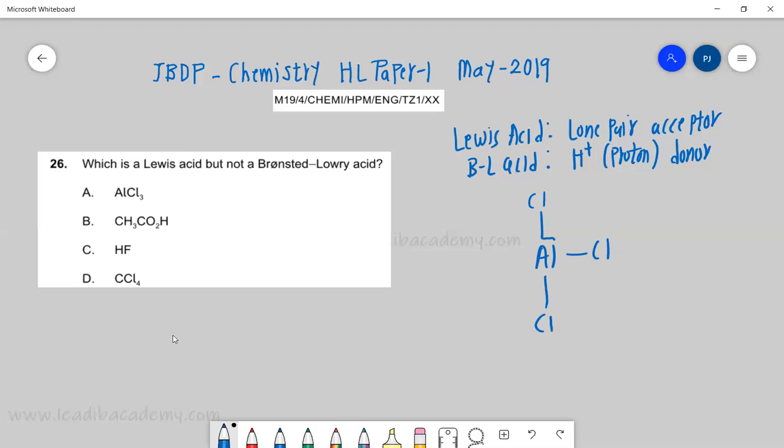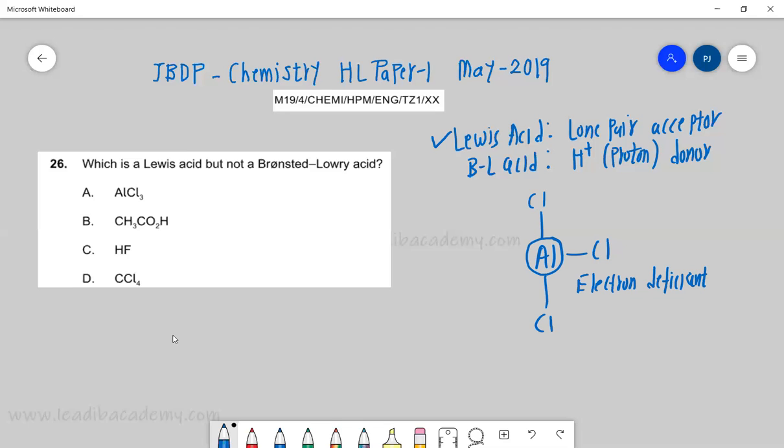So in total it has 6 electrons. That means it is not in a position to complete its octet. There is a shortfall. It is electron deficient. That means it is going to accept electrons very easily. It is a very good acceptor of electrons. So it is very much a Lewis acid.